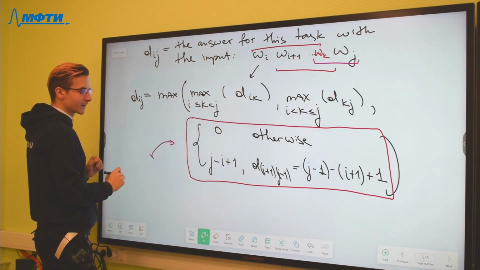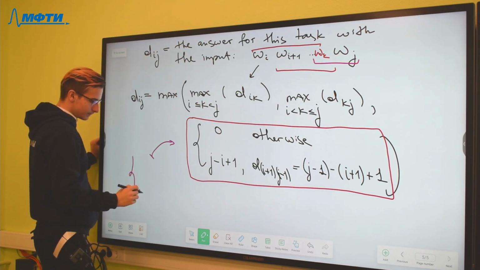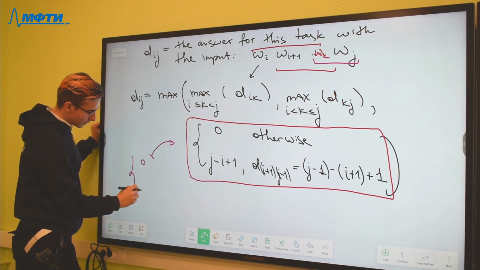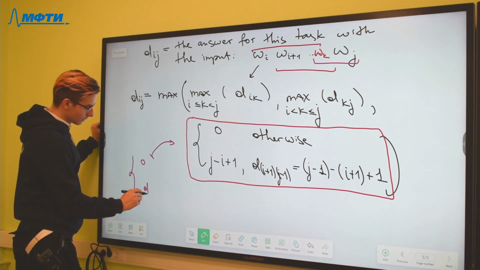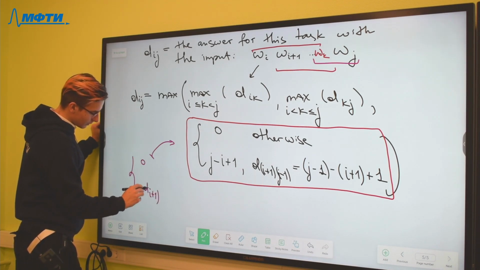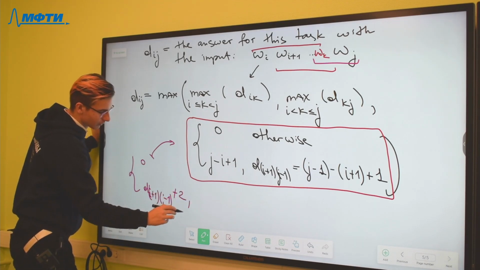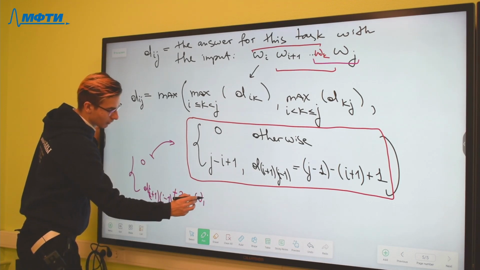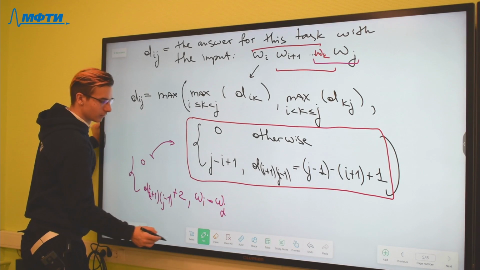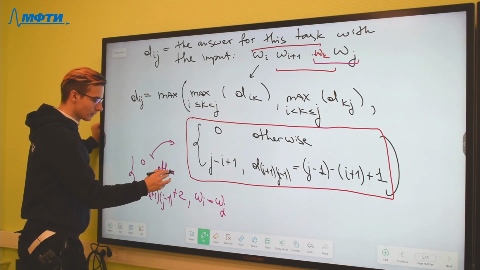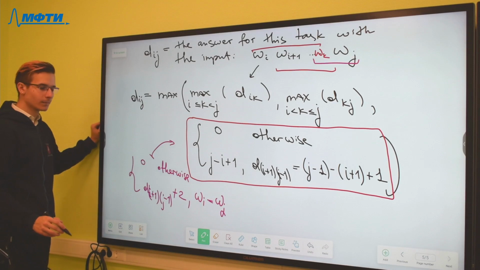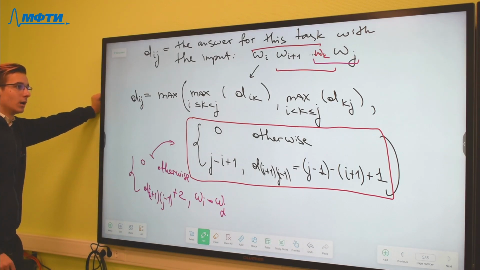So we need to change it with d[i+1][j-1] plus 2 if they're equal, or otherwise the other case. Okay, I think that is all that we need to change here.